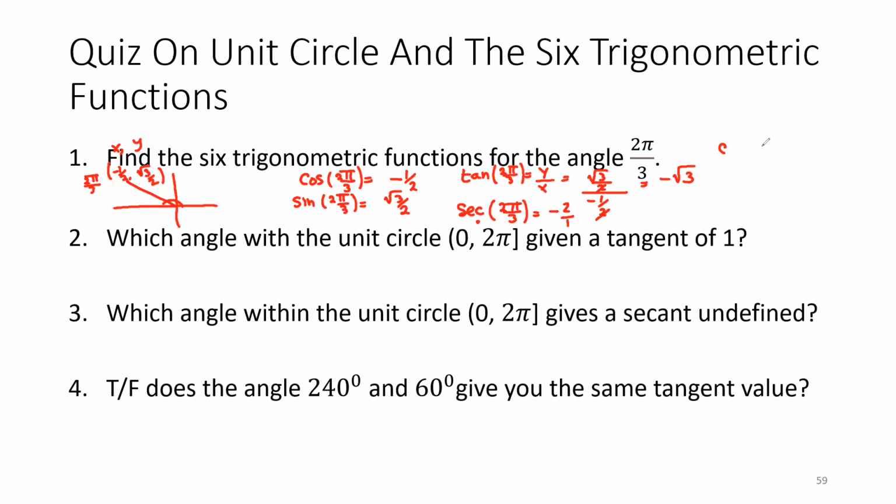Now we have to do cosecant of 2 pi over 3. The clue is there's an s in the middle, so that means it's the reciprocal of sine. That would be 2 over radical 3, and we can't have a radical in the bottom, so rationalize the denominator. That is going to be 2 radical 3 over 3.